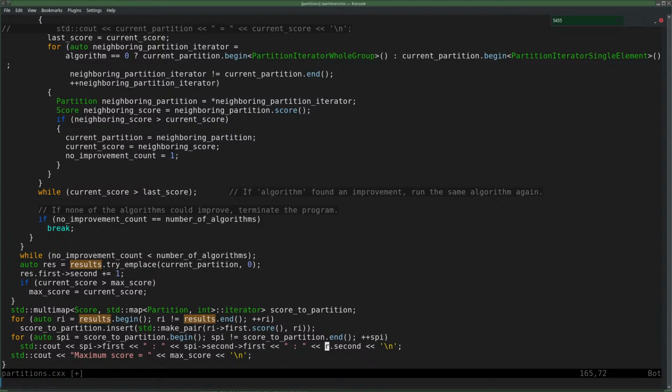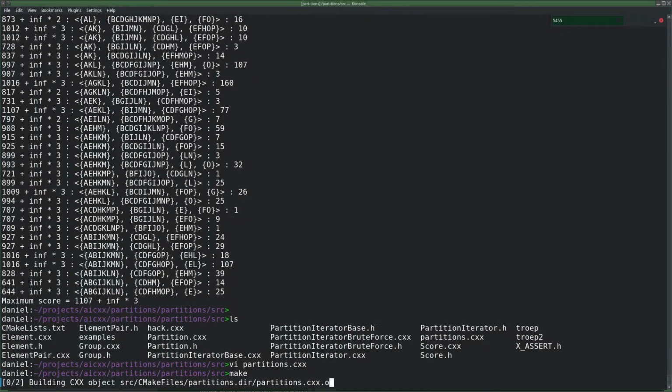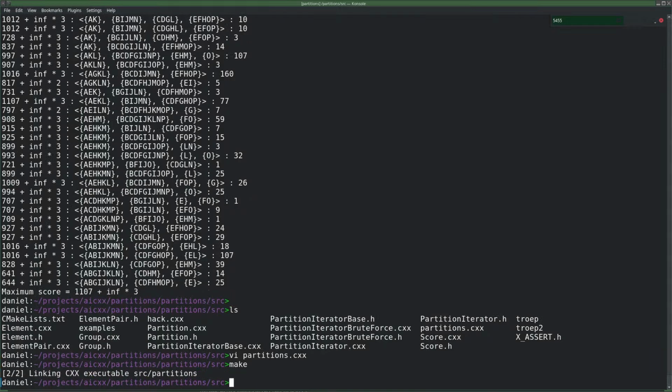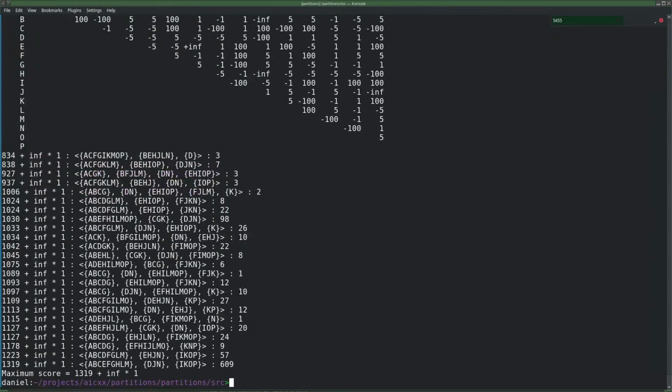While the same thing, but then second is this int. So that's the count. So this should print the same thing, but then in the right order. And it did.